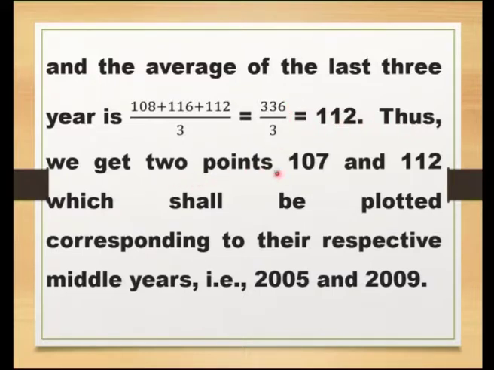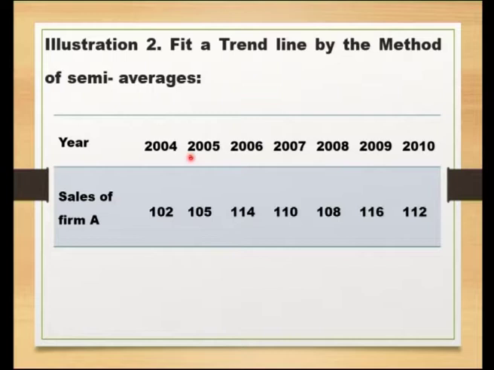Thus, we get 2 points, 107 and 112, which shall be plotted corresponding to the respective middle years. The middle year of the first 3 years is 2005 and the middle year of the last 3 years is 2009.